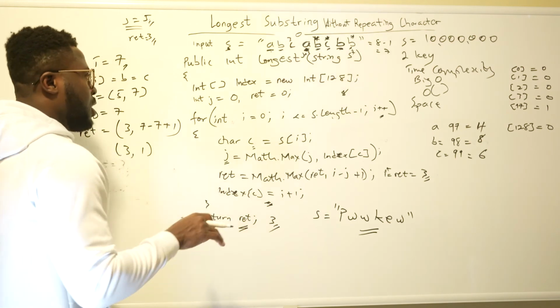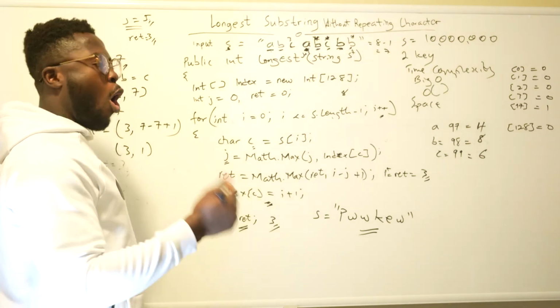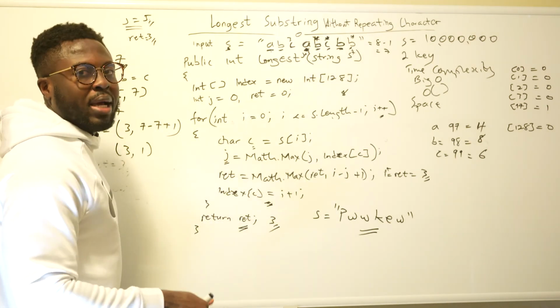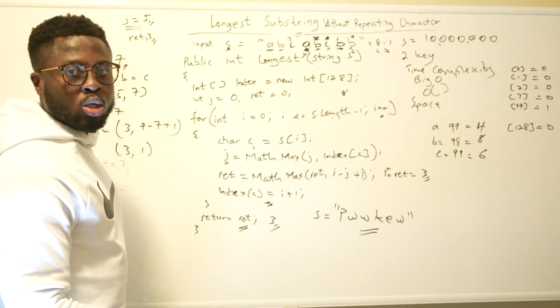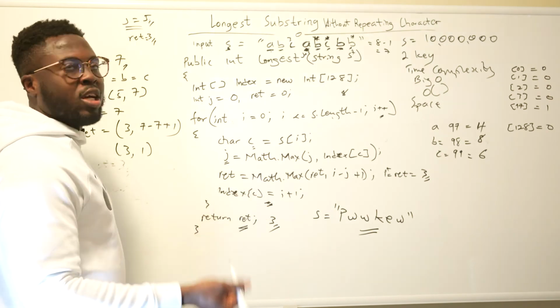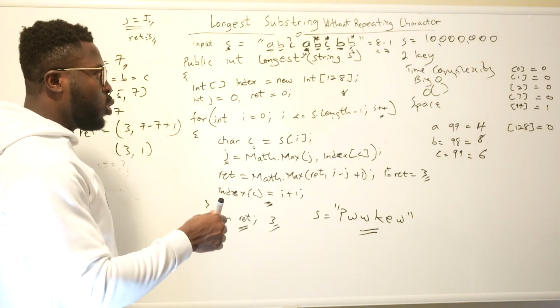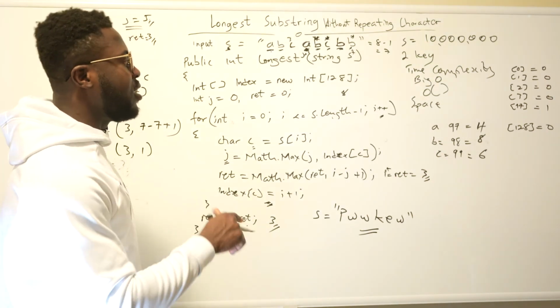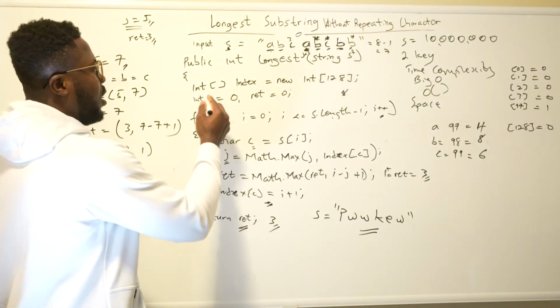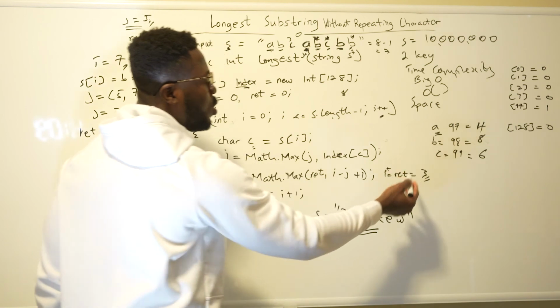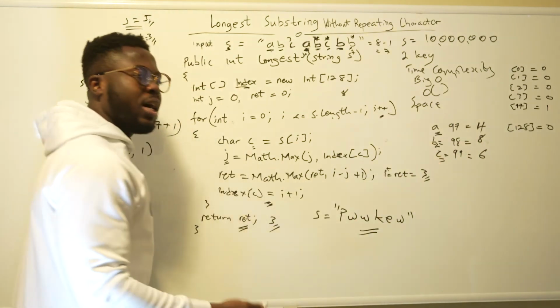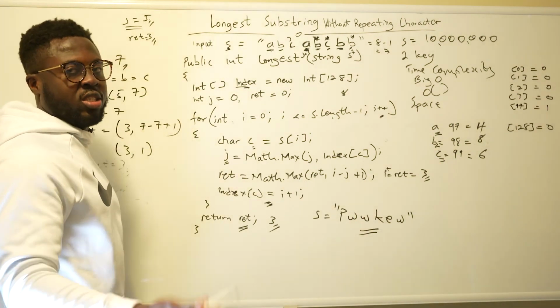I will be posting another video on implementing the algorithm and stepping through the algorithm on Visual Studio Code, and I will explain it there too. There we could clearly see what the array index holds and what the value at A holds and B holds and C holds at each iteration.